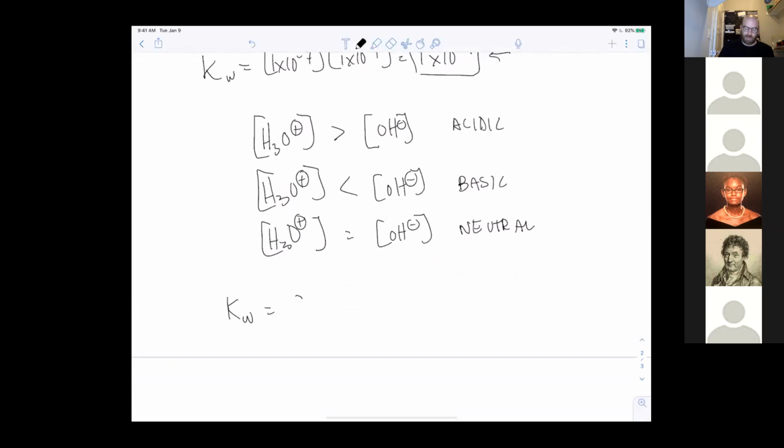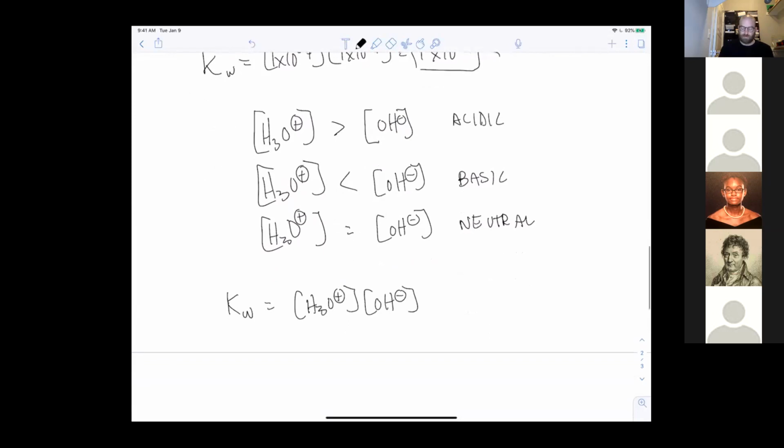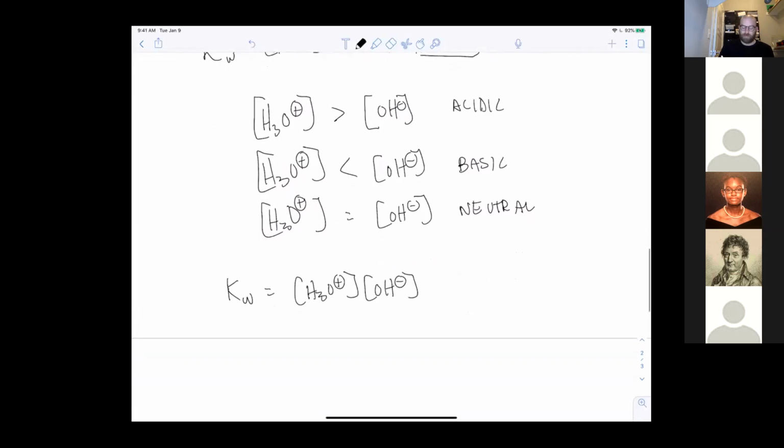So if we know that Kw is equal to this, and let's say I know the H3O plus concentration in solution, since this is a constant, one you could commit to memory since it's 1 times 10 to the negative 14th, I necessarily know OH minus.